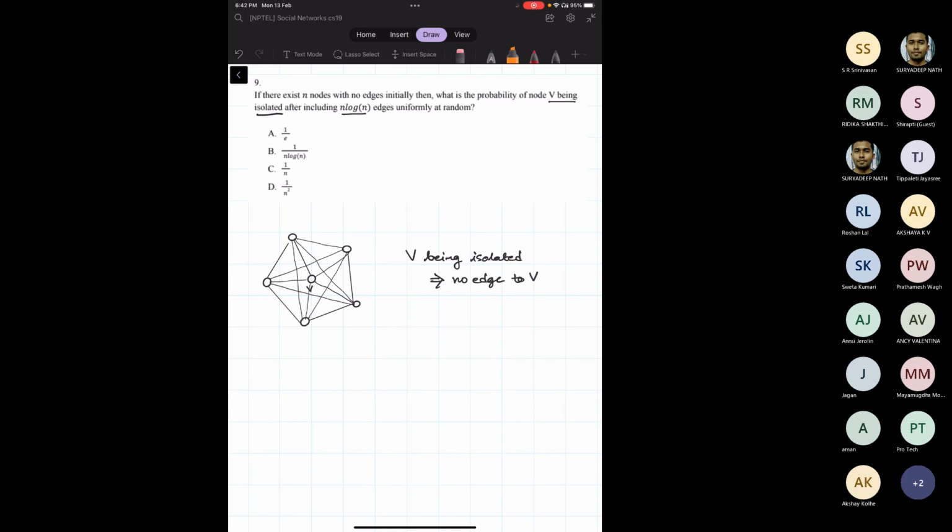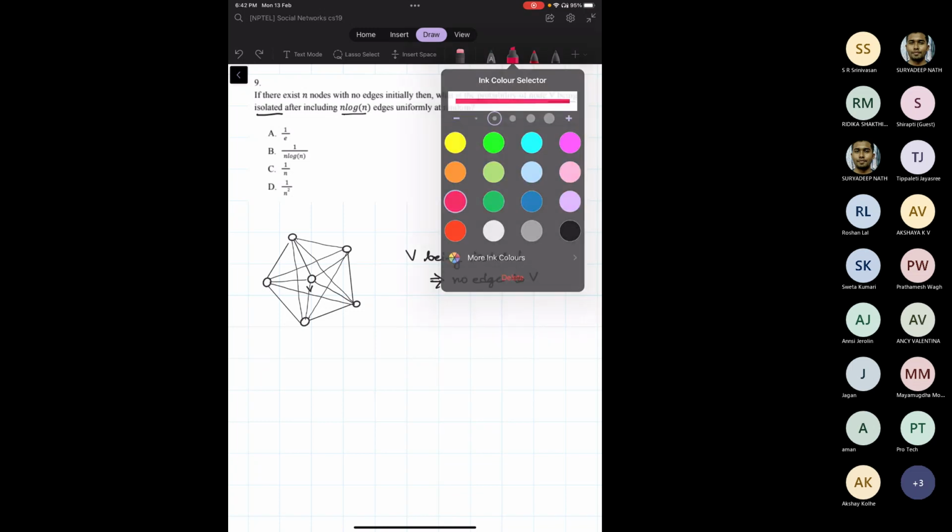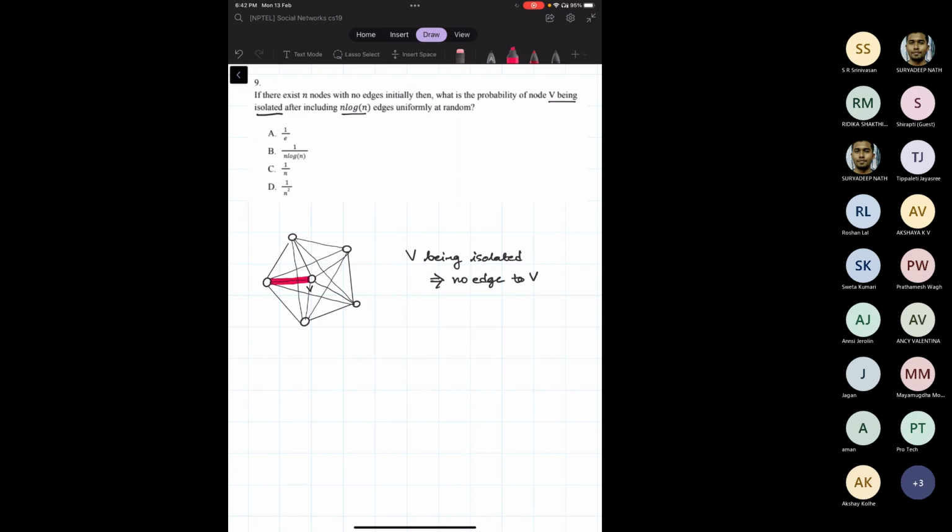We cannot pick these, because these are the ones that connect to V. We'll have to pick the other nodes.